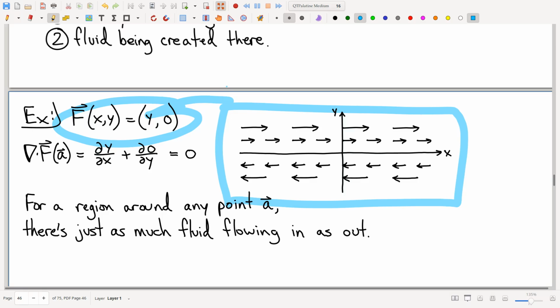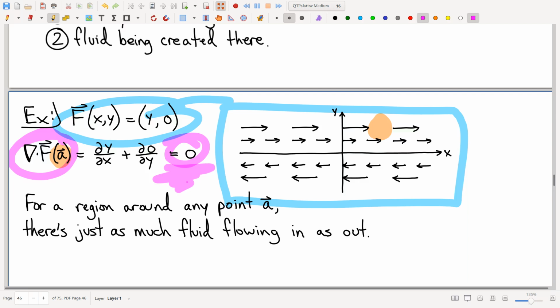Now let's play the game with divergence. You compute the divergence. You get 0. That suggests that wherever we're looking, and notice here I'm not confining myself to the origin, we could be looking anywhere, let's say there. When we say divergence is 0, what it's saying is that there's just as much inward flow as there is outward flow.